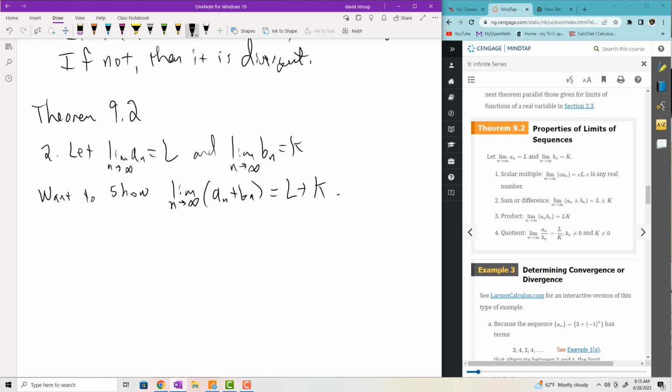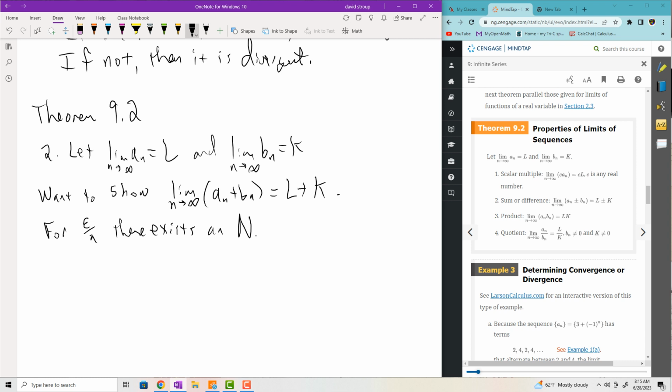If supposing that's true, we can say then for any epsilon, and in particular for epsilon over 2, there exists an n, but we're going to have more than one n, one for the a sub n sequence and one for the b sub n sequence.